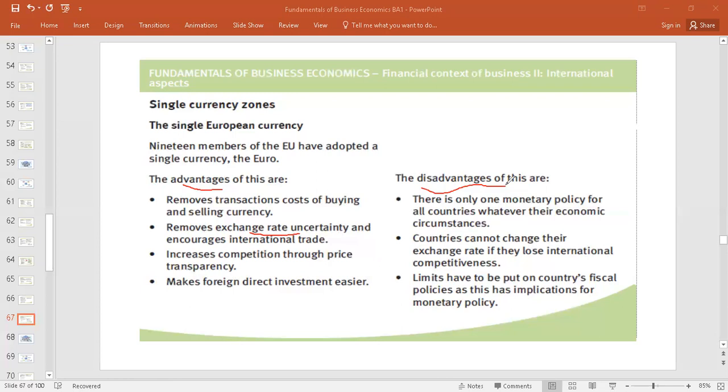Second, countries cannot change their exchange rate if they lose international competitiveness. Limits have to be put on countries' fiscal policies as this has implications for monetary policy. So it is not possible to make any changes, irrespective of the situation prevailing in the economy, since it is decided to follow a single currency in the single market.